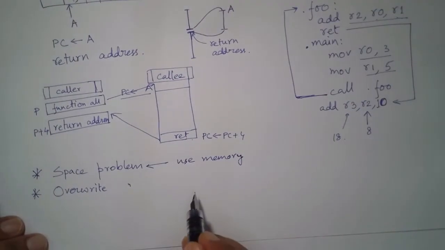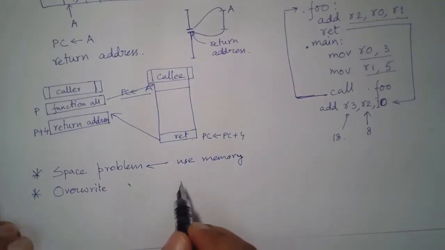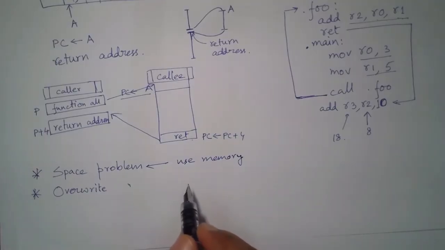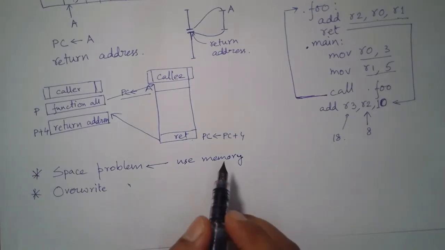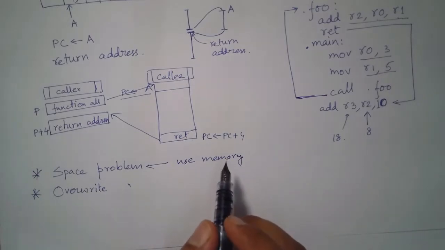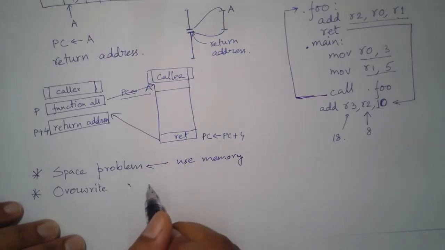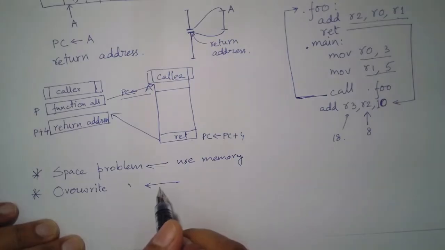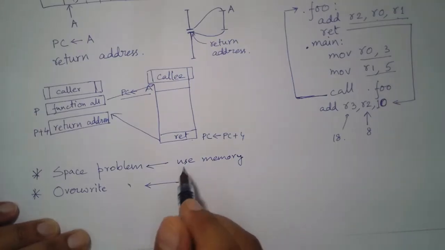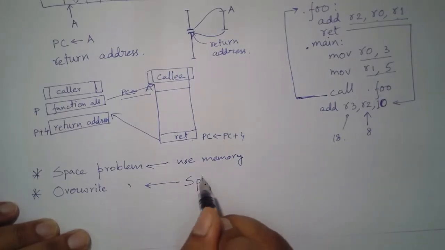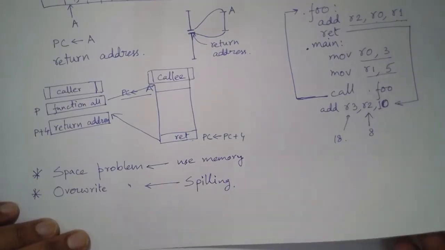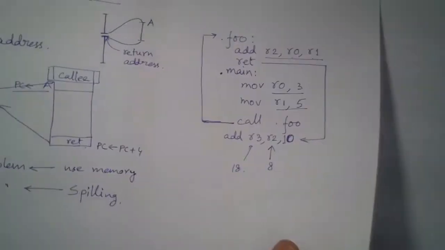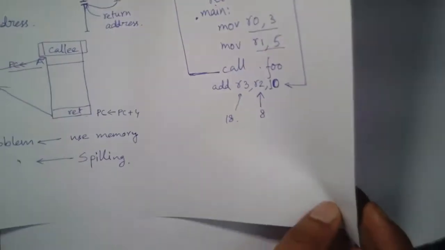Basically we pass arguments through some dedicated memory. That is where the concept of stack will be useful for us. Now, to overcome this overwrite problem, we can do register spilling. So, what is spilling?